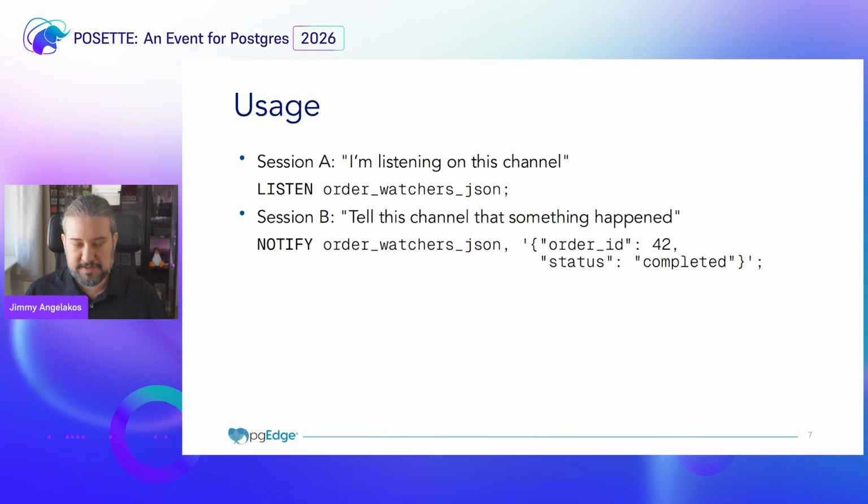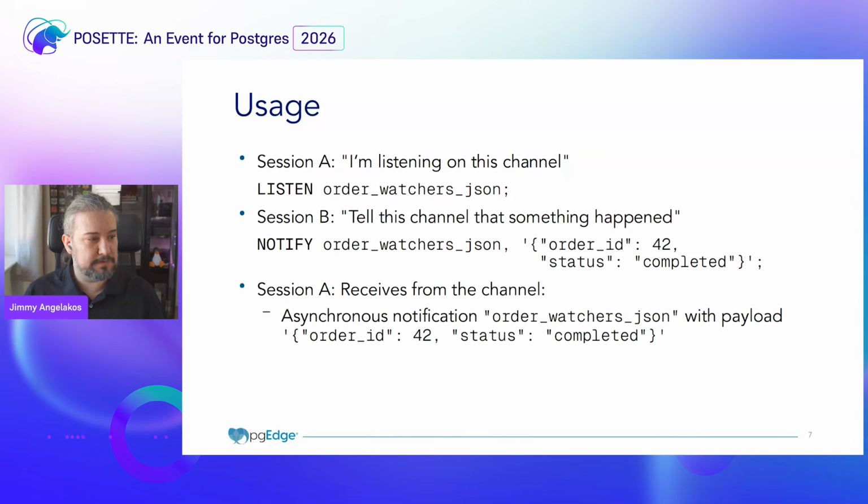The payload is the information that they want to get notified about asynchronously. And session A indeed receives from this channel order_watchers_json, the payload, and that is 100% it. That's exactly how it works, and it's as simple as that.